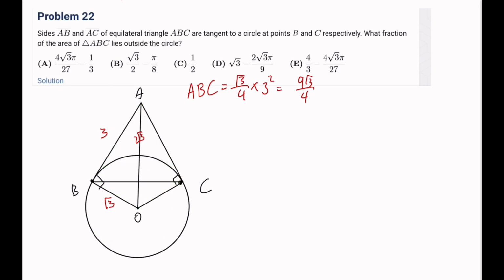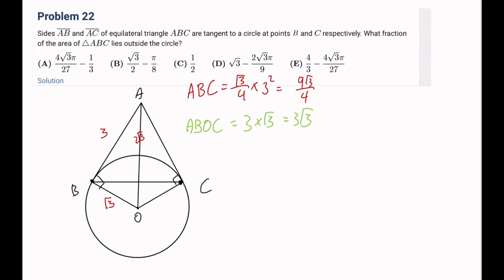So let's do that. First, this area, that is just 2 times ABO, right? And 2 times ABO equals 3 times root 3. So this is ABOC. Let's write that down first. ABOC. This is 3 root 3, of course.